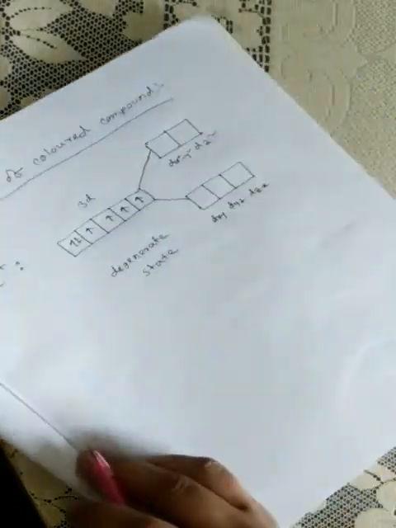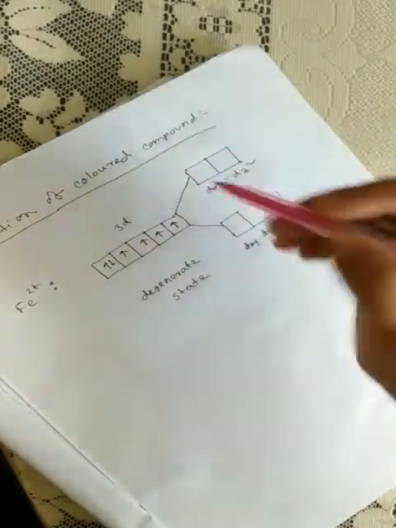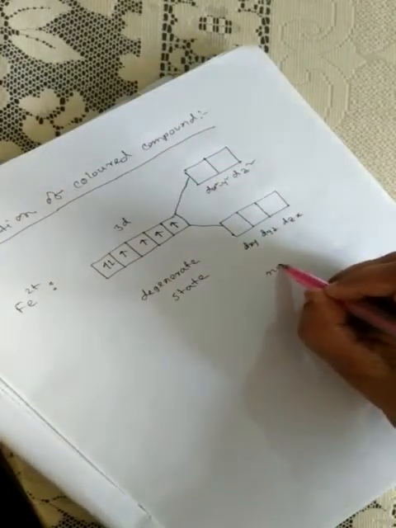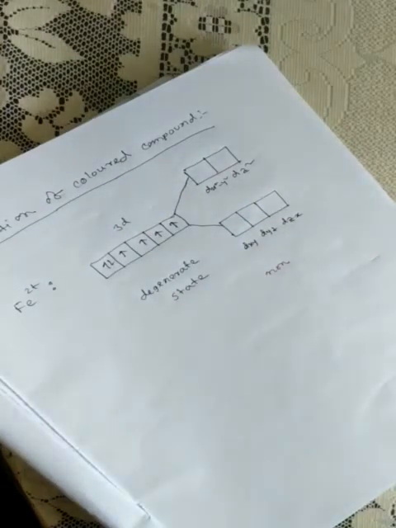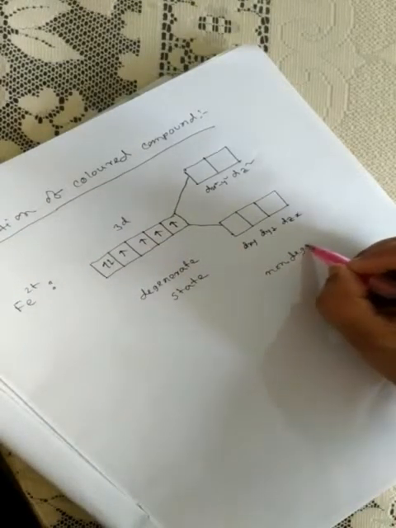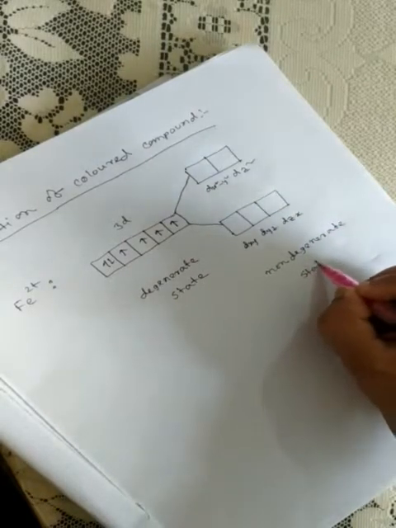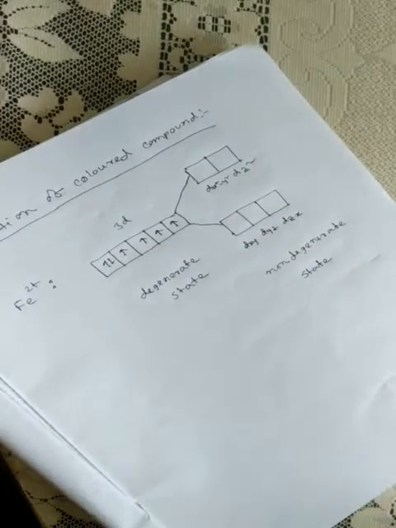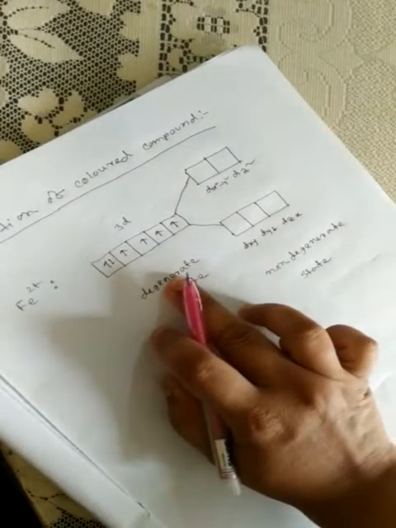So the d orbitals are split into two parts. This situation is called the non-degenerate state.